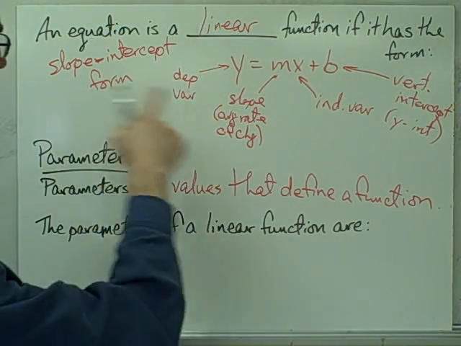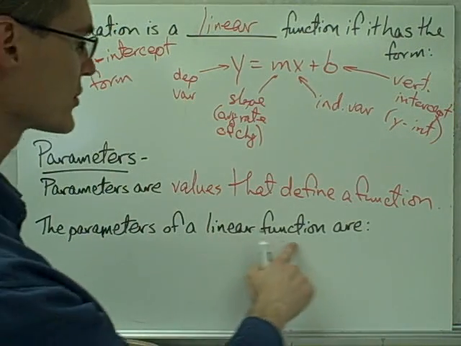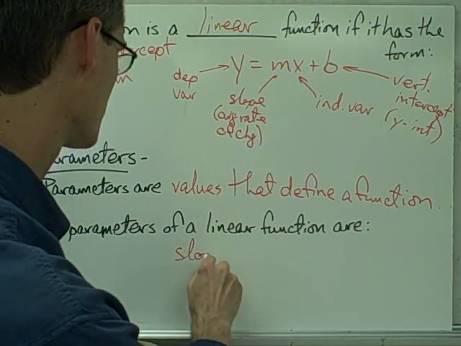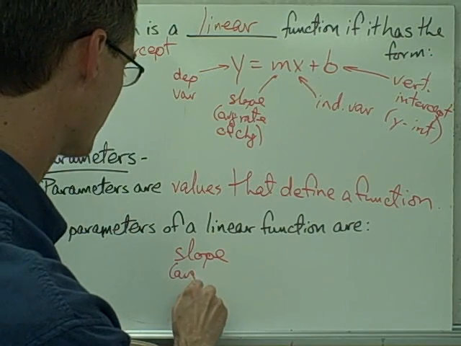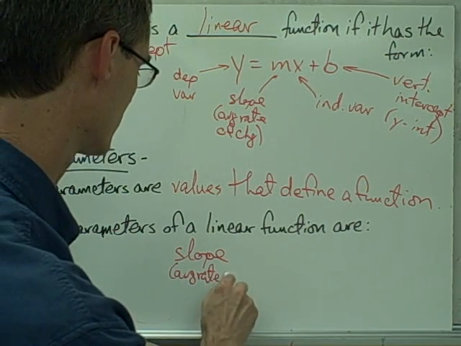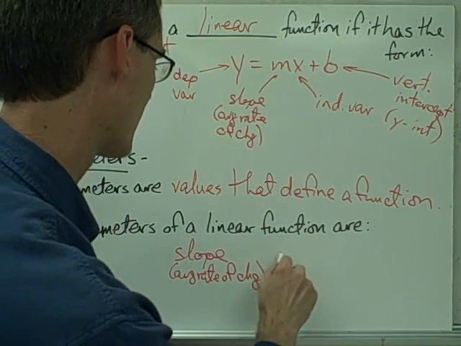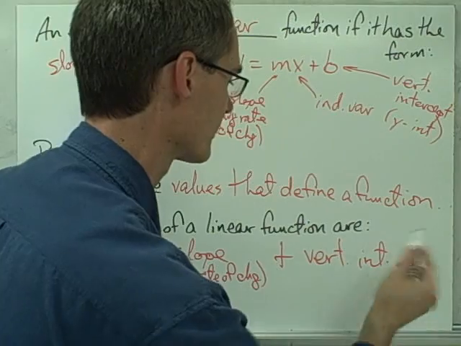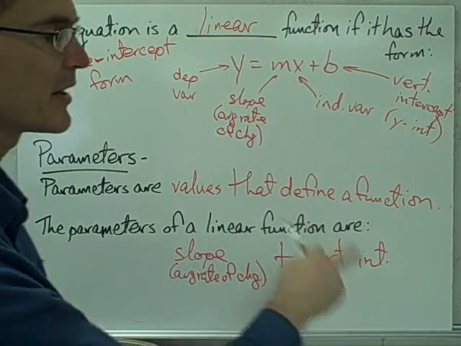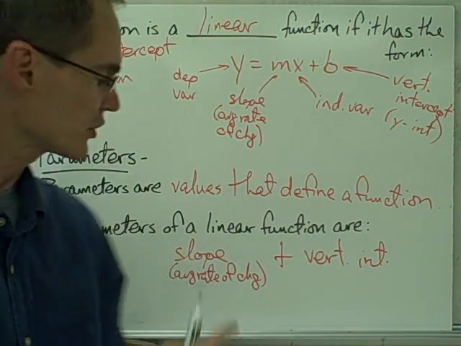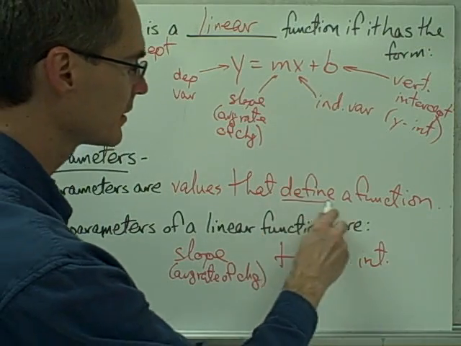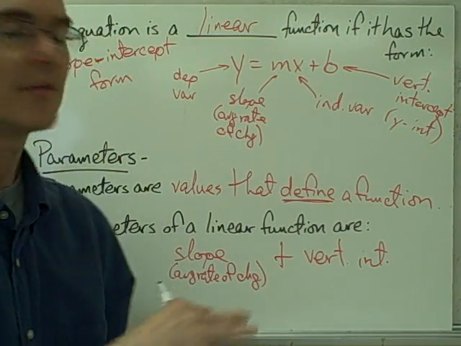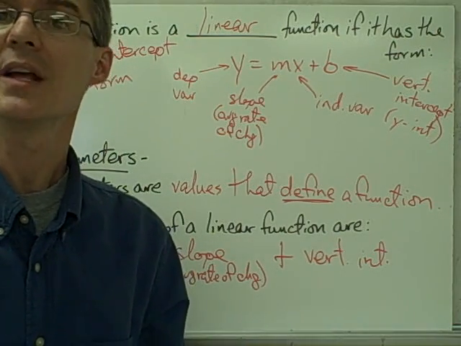So when we're talking about linear functions in particular, the parameters that define a linear function are the slope, or the average rate of change, and the vertical intercept. In other words, if I know the slope and the vertical intercept for a linear function, then I have completely defined that function. If you tell me what the slope and the vertical intercept of a linear function are, then you've told me everything that I need to know about that function.